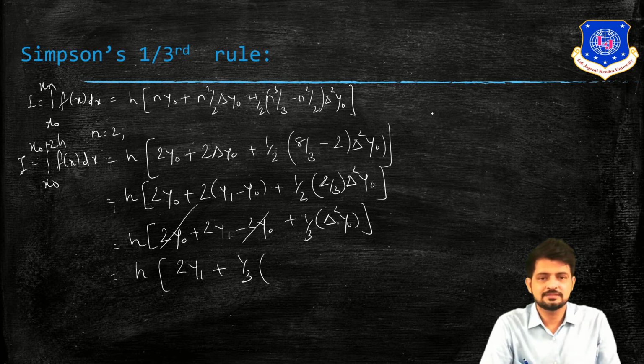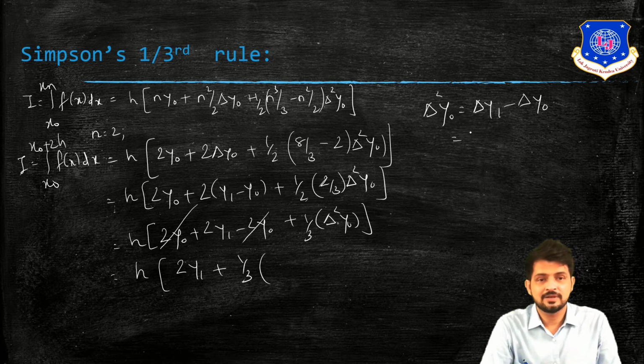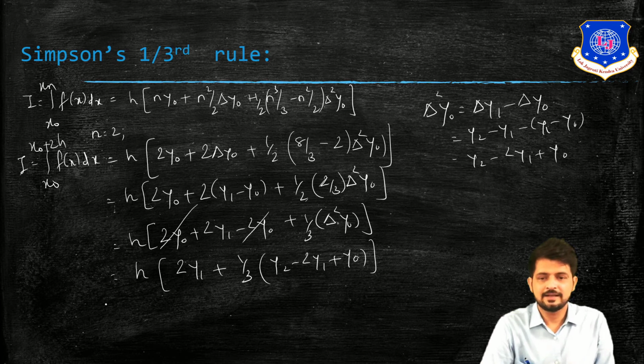Now what is del square y0? Del square y0 can be written as del y1 minus del y0, so y2 minus y1 minus y1 minus y0. So I can write like this: y2 minus 2y1 plus y0. Let us simplify this.